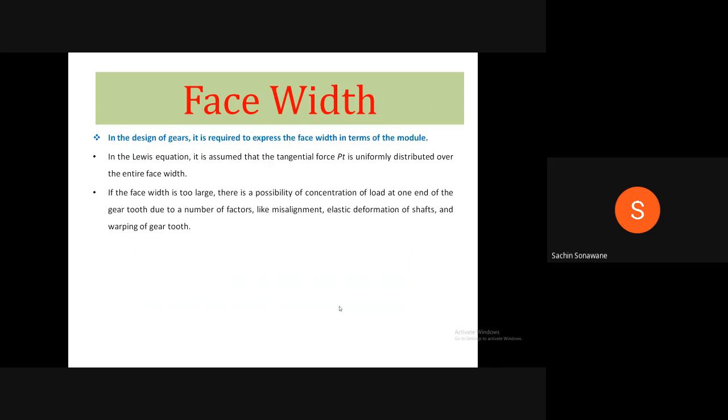Now, face width. We have seen its definition in the terminology of gears. Face width is the axial width of the gear tooth, or the width of the gear tooth measured parallel to its axis. Therefore, in the design of gears, it is required to express the face width in terms of module.